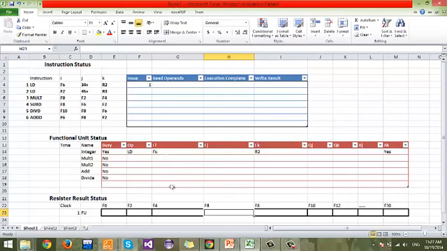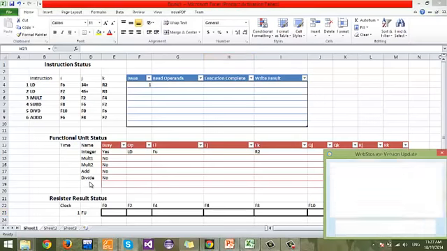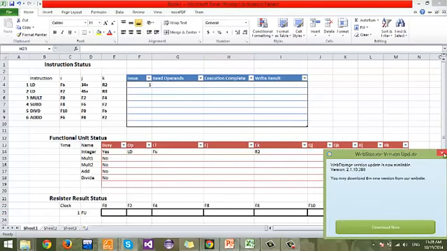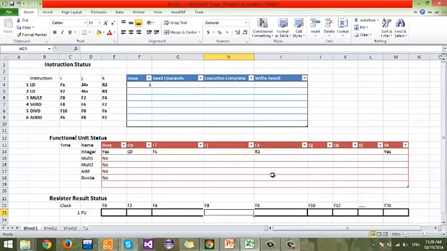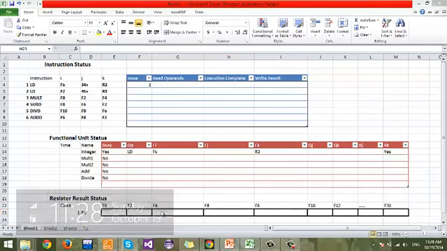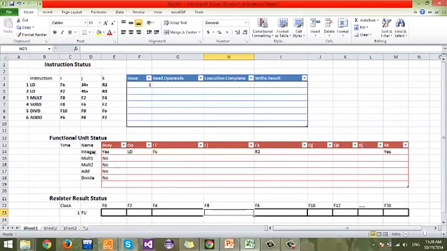Is there any functional unit, integer, mult1, mult2, divide, add, that is going to write a result to any of these registers? Yes, integer. Integer is going to write to F6 somewhere in the future, maybe 1 cycle or 2 cycles later. We don't know that.